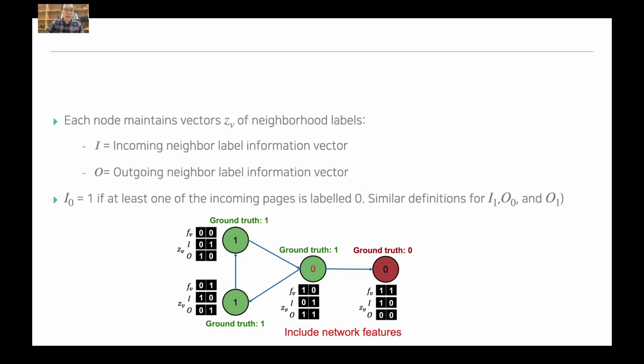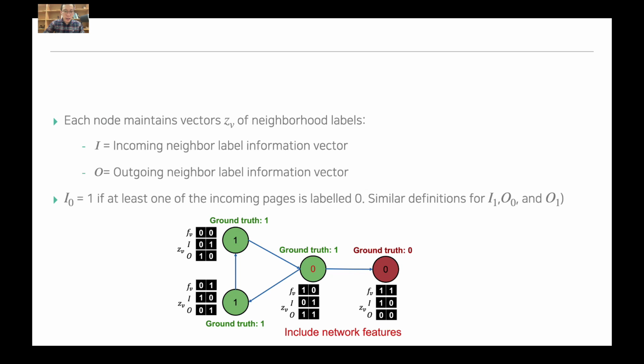So I0 equals 1 means that at least one of the incoming pages is labeled as 0. Then below we have the information. FV are the feature vectors, so it is predetermined and we don't modify it.